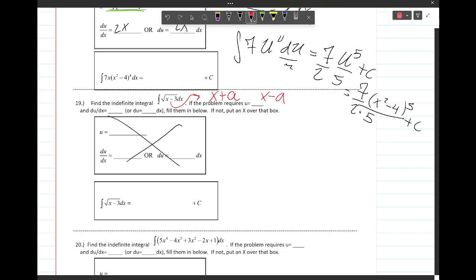It's a little bit different from the power rule that we learned, which is just x to the n. It can also be x minus the n.